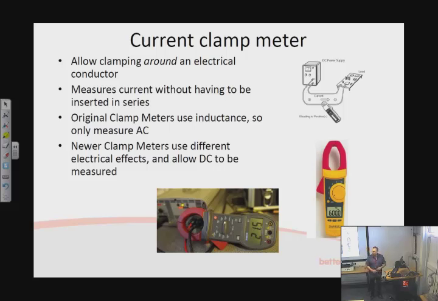Now, modern equipment apparently is also capable of measuring DC as well, using a slightly different Hall effect, I think. I need to look that up. But generally, these large-scale industrial ones can measure current flow reasonably accurately in an industrial environment. Not quite as accurate as an ammeter inserted in series, but as you can imagine, very useful piece of kit.